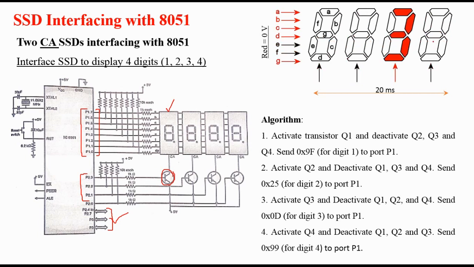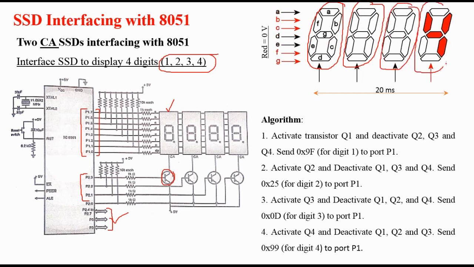Now let us suppose we want to display the same numbers 1, 2, 3, 4, but we want this particular 7 segment display to show 1 all the time, then this display should show 2 all the time. In this way these 3 get shown all the time, and this 4th digit should get shown all the time.